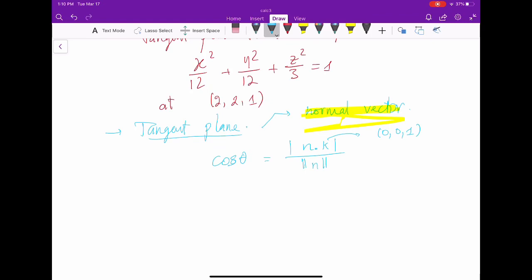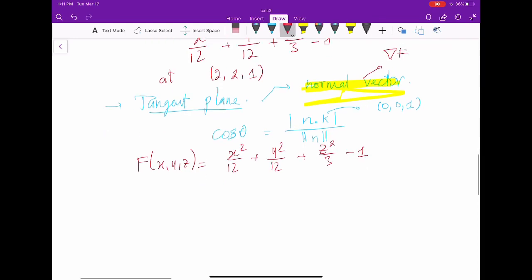We know from previous examples that the normal vector is just the gradient of F, where F is a function of x, y, and z. So we need to find the gradient of F, where F is equal to x squared over 12 plus y squared over 12 plus z squared over 3 minus 1.